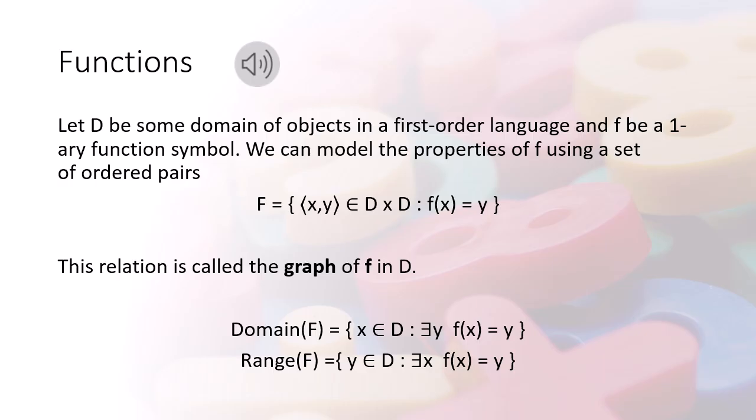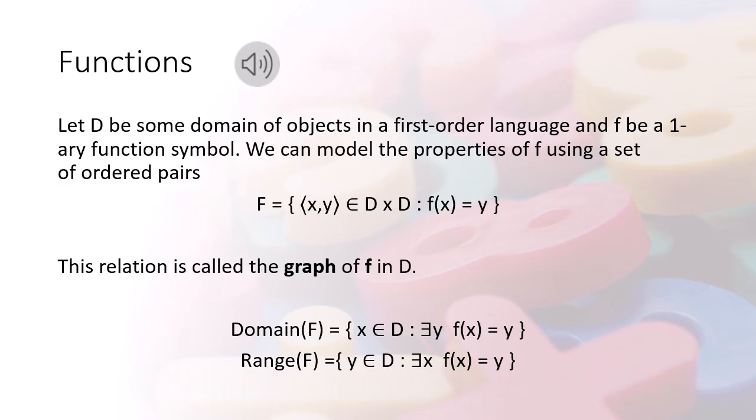And in mathematics, this set of ordered pairs is often called the graph of the function. So, for example, if you were looking at a function from the real numbers to the real numbers, this collection of ordered pairs would be the literal graph of the function itself.